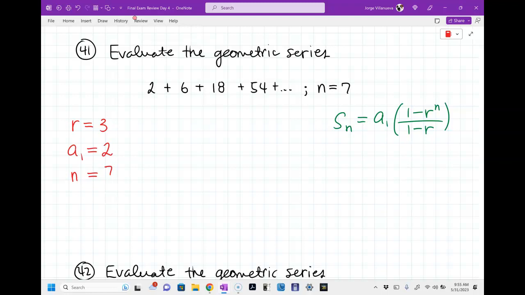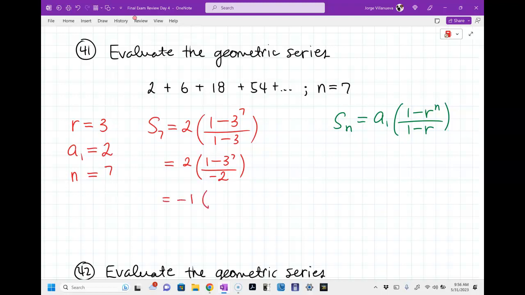So let's go ahead and plug that in. S sub 7 is equal to a sub 1, which is 2, times 1 minus r, which is 3 to the 7th, over 1 minus 3. Now, of course, you guys can put this all into your calculator. I'm just going to do this by hand really quick. 1 minus 3 is negative 2. 2 divided by negative 2 is negative 1.